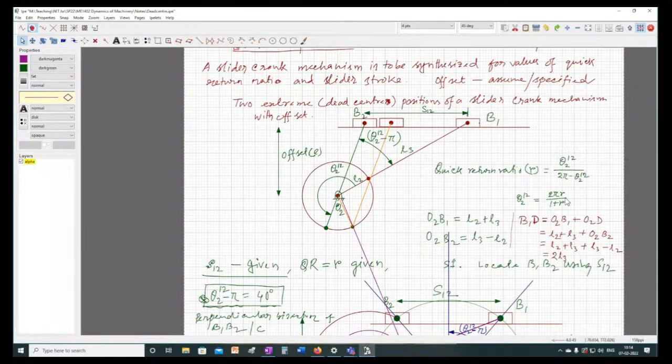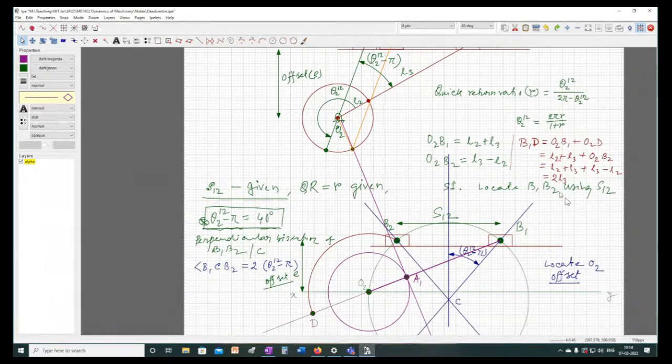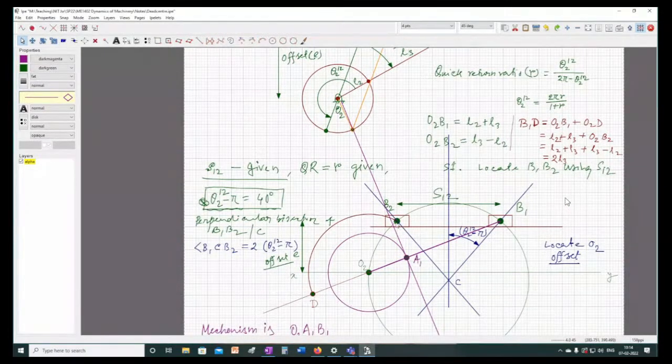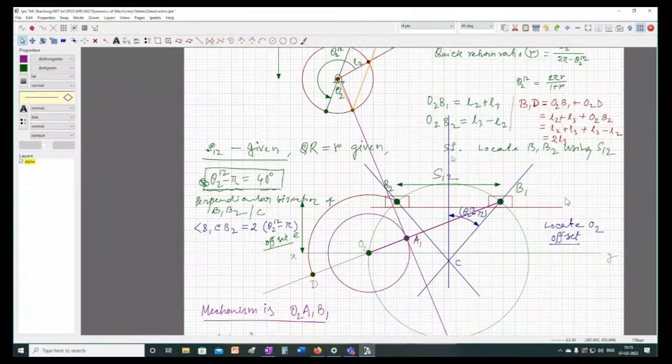Using this given data, you need to get the mechanism. First we located these two points B1, B2, and then drew a perpendicular bisector of the line joining B1 and B2.